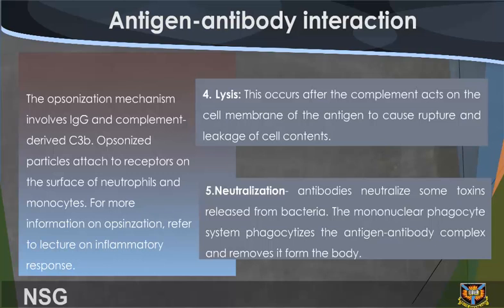This occurs after the complement acts on the cell membrane of the antigen to cause rupture and leakage of cell contents. 5. Neutralization. Antibodies neutralize some toxins released from bacteria. The mononuclear phagocyte system phagocytizes the antigen-antibody complex and removes it from the body.